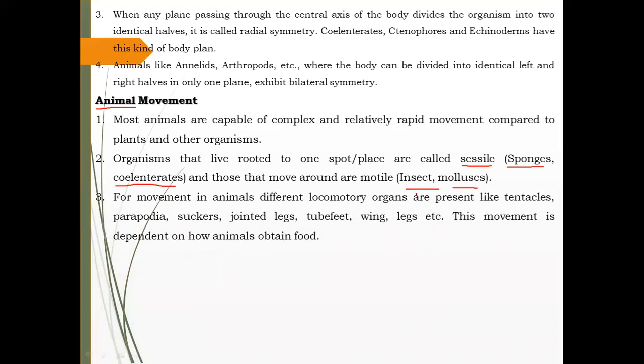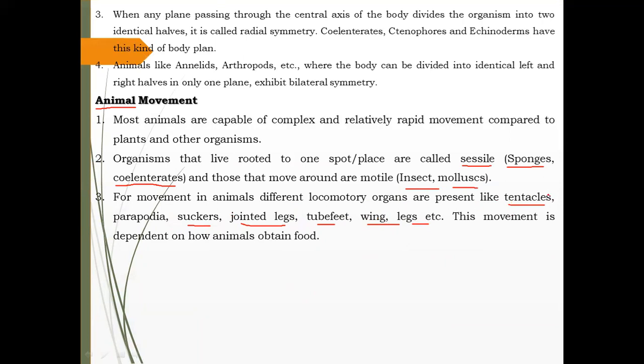For movement in animals, different locomotory organs are present, like tentacles, parapodia, suckers, jointed legs, feet, wings, legs, etc. These are the locomotory organs. By using these locomotory organs, organisms are able to move from one place to another place.